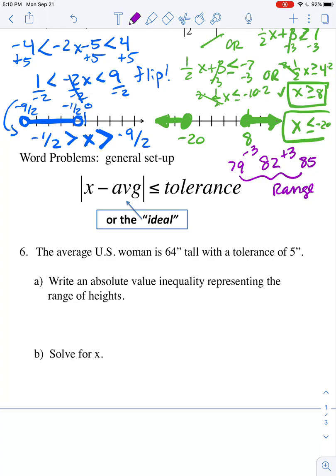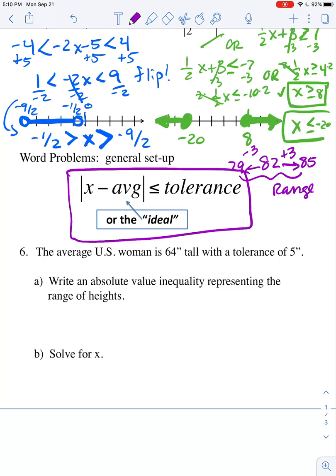So you're saying the distance away from the average, in this case the 82, is going to be a 3. That's my tolerance. So this is something you want to know.